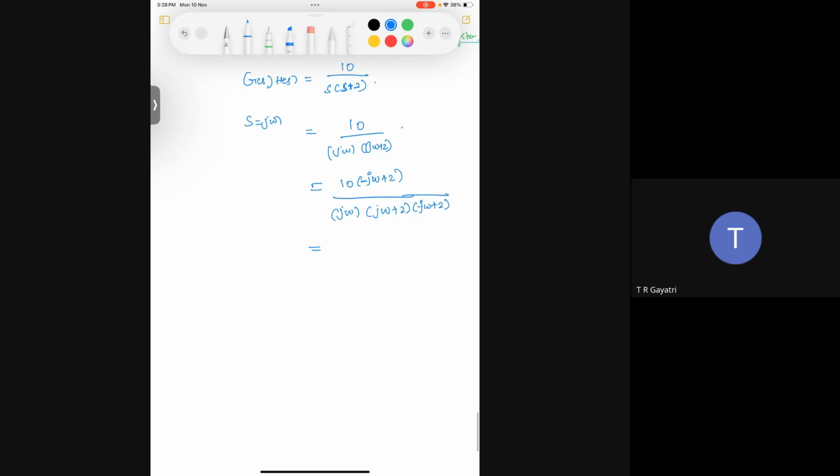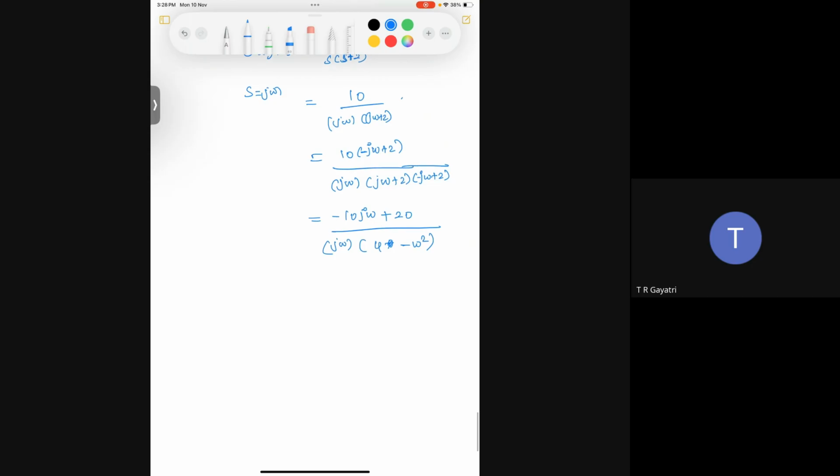Right. This will give me minus 10 j omega plus 20 divided by j omega into 4 plus or minus omega square. Right? A plus b into a minus b gives a square minus b square.